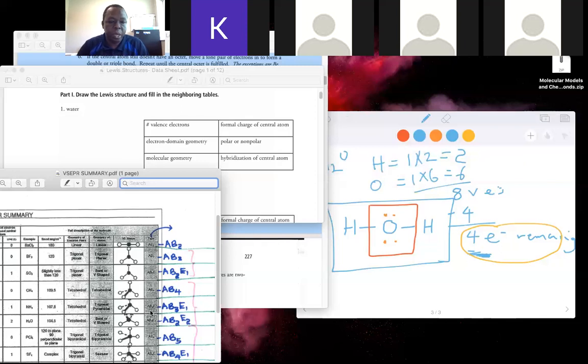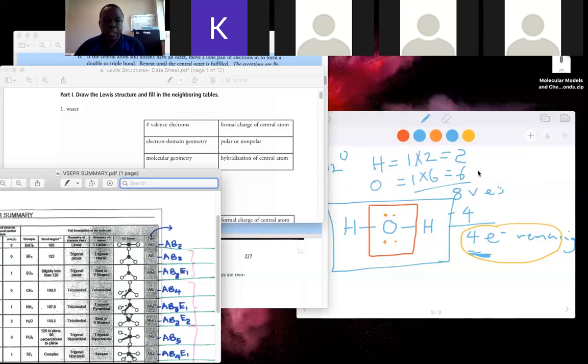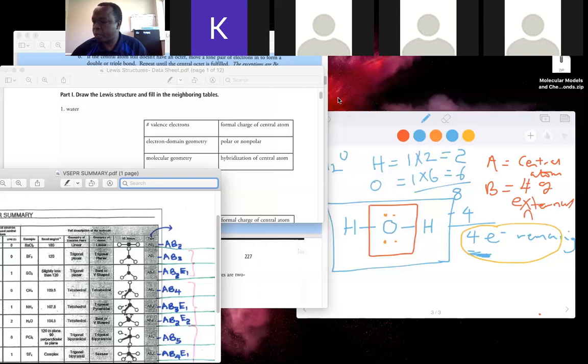So I'll write the configuration where A stands for the central atom. B is the number of external atoms. And E stands for, or I should have erased this. Let me erase this. We don't need this anymore. We have used the 4 electrons.